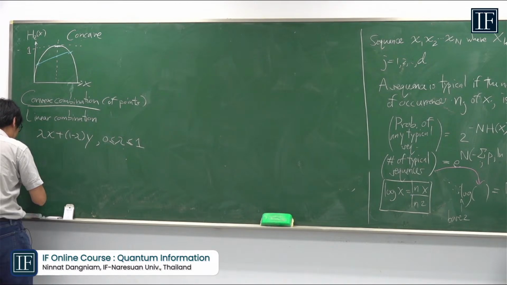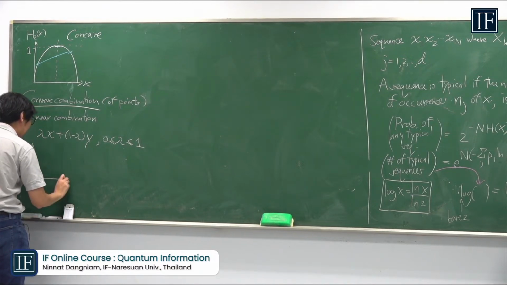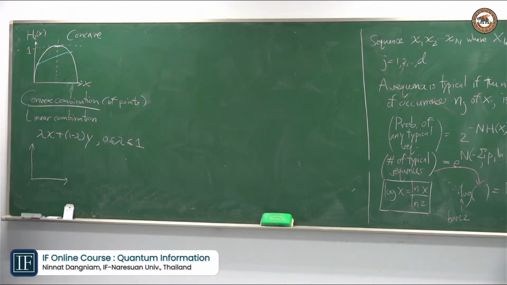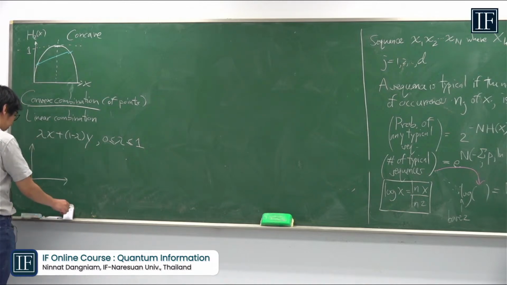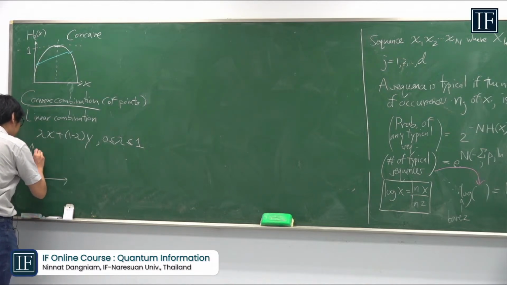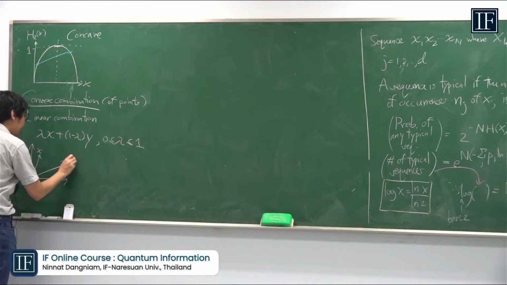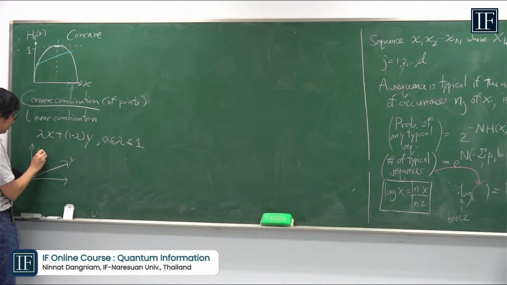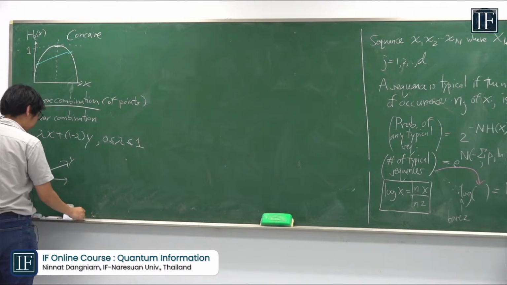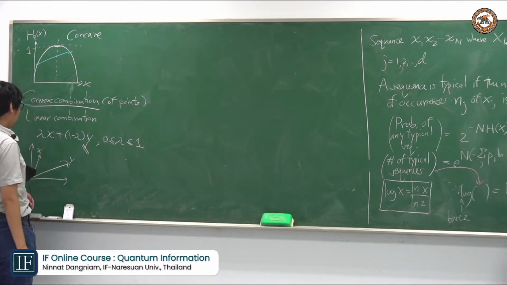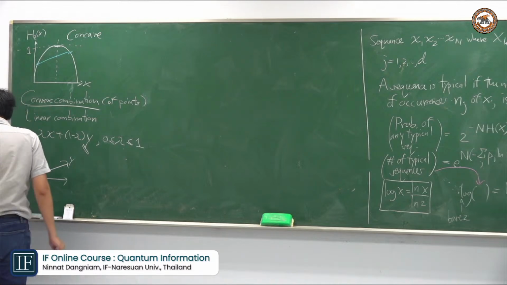You can imagine this geometrically as drawing a line between 2 points. So if I have x and y, then what is this?